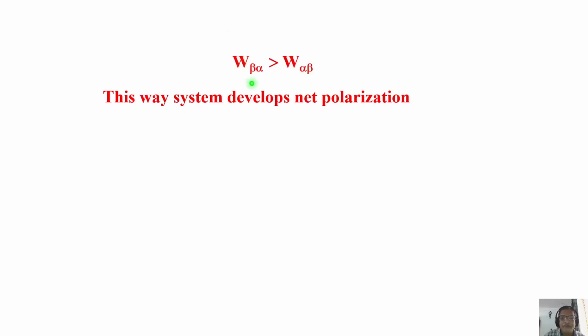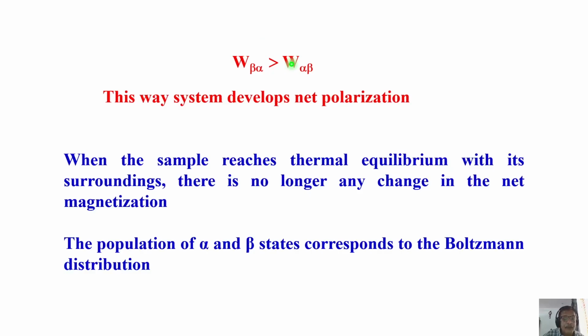True, right? It has to be. Otherwise, the system cannot develop net polarization. Because of this condition, W beta alpha, the probability of the spins coming from higher energy state to lower energy state is more than this, there is a net polarization developed in the spin system, right?